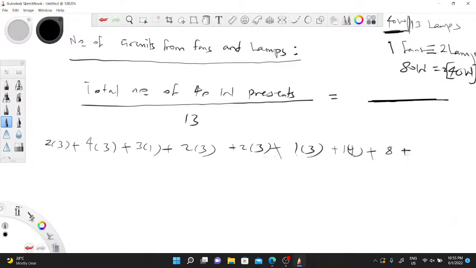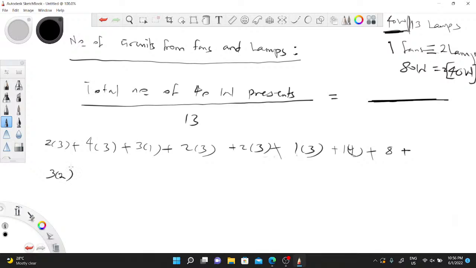So now with the fans, right now I'm forming the total number of 40 watts present. Let's know each fan is 80 watts, right? So in the living and dining, if I have 3 fans, then it means I have 3 times 80, which is 240 watts, because each fan is 80 watts.